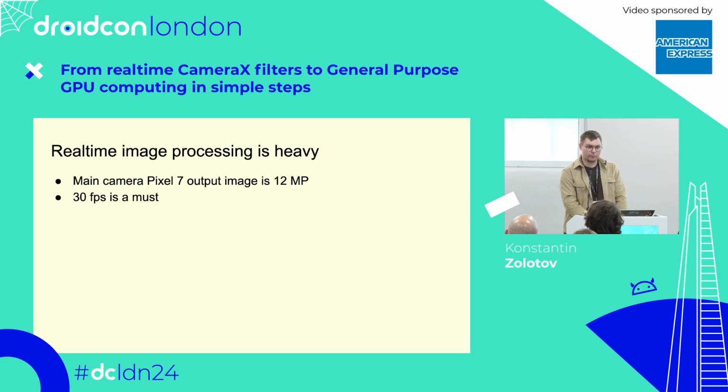And for my purpose of real-time image processing, we definitely want something very performant. Because just imagine, Pixel 7, even though it's not the most modern phone, the output image is 12 megapixels. And if you want real-time performance, you need at least 30 frames per second.